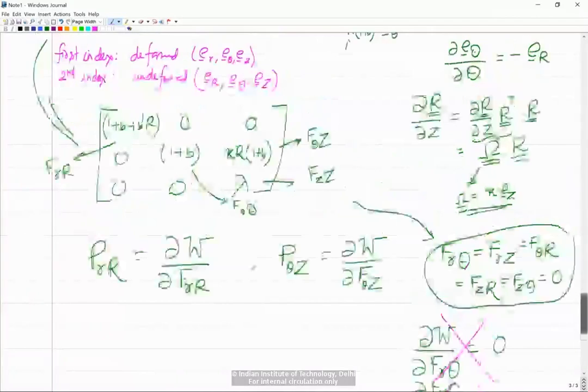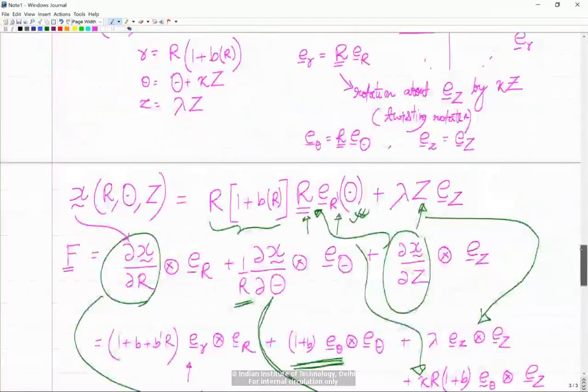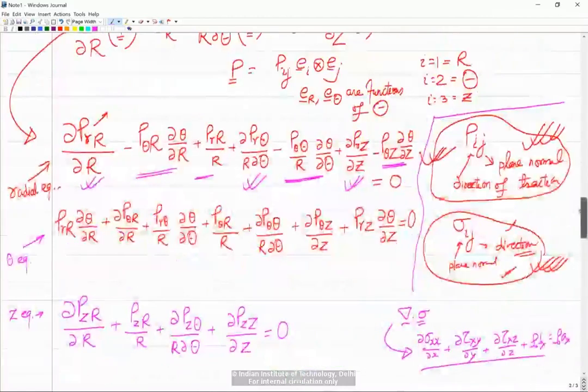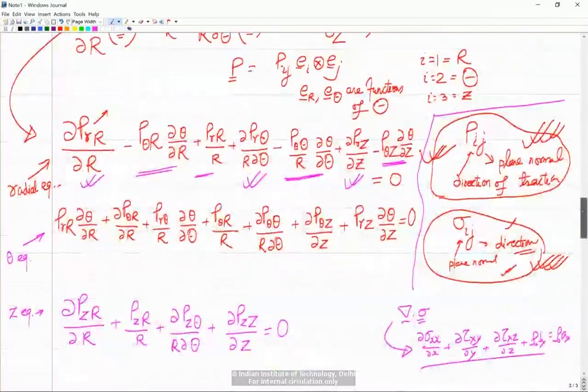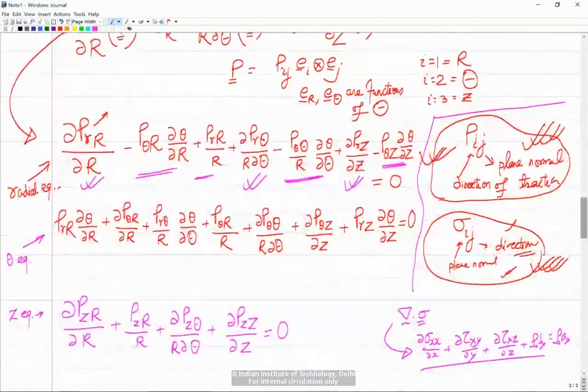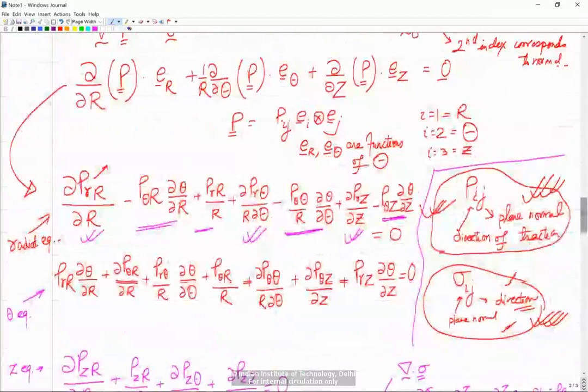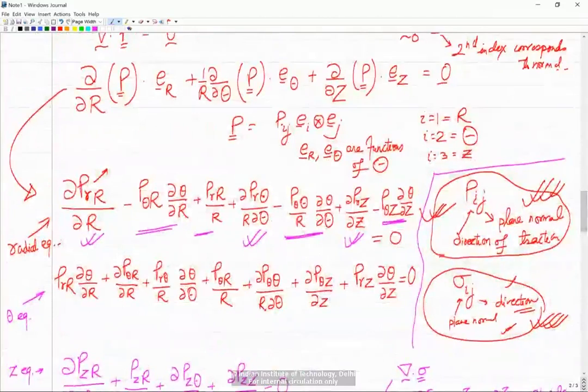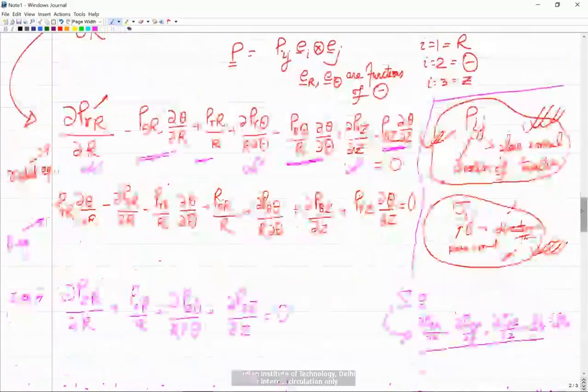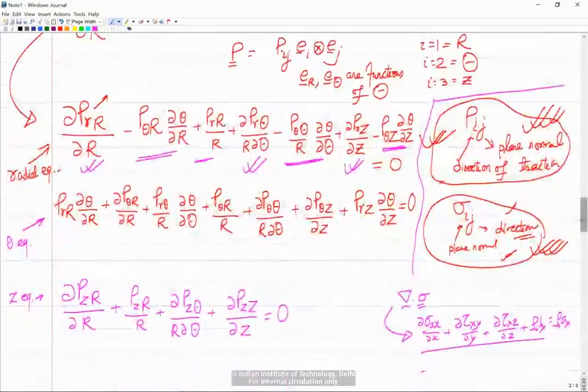Okay, so coming back to the equation, can you see that as per our kinematics, the only field unknown is a small b. That's the only unknown. But you have 3 field equations present here for radial, for theta, and for z. It turns out 2 of them get trivially satisfied.